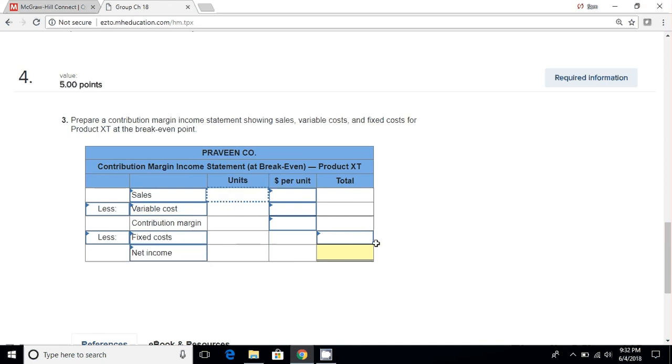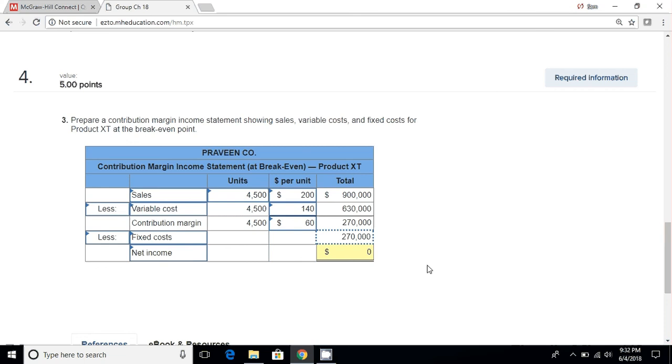Okay, how many units do we have to sell to break even? 4,500, right? If you look up top, it was $200 per unit for sales. It was $140 per unit for variable cost, which leaves us $60 per unit for contribution margin. And fixed costs were $270,000.